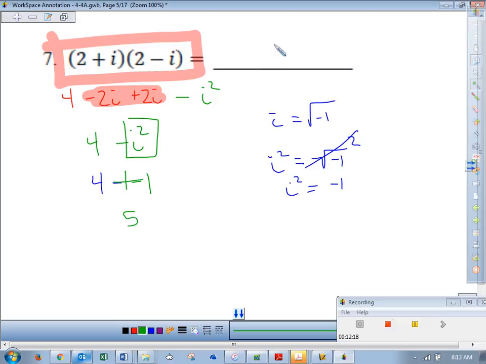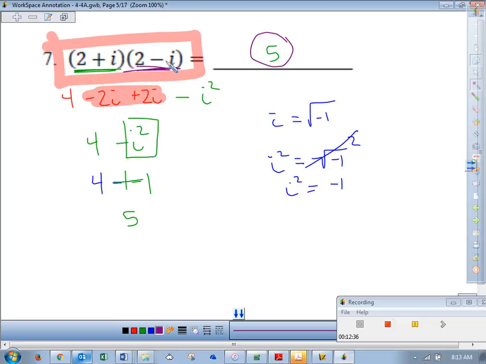Oh my goodness. We took this number, which had some i's with it. That means it was imaginary. And we took this number, which had some i's with it. We multiplied them together, and did we get any imaginary stuff back? How come? What were these two things called again? Starts with a C. Conjugate.